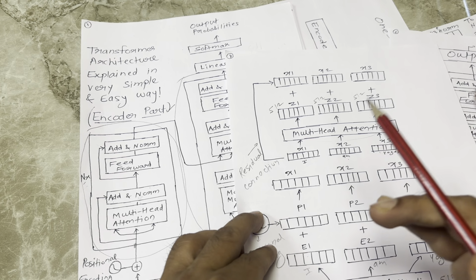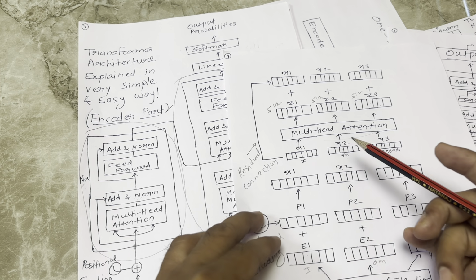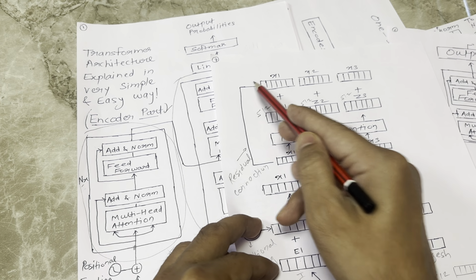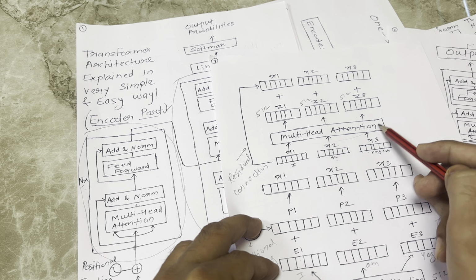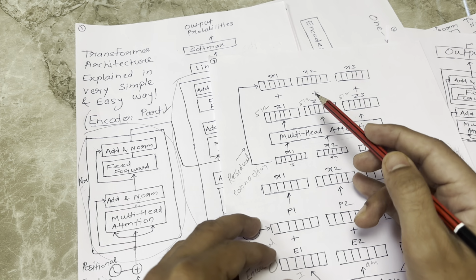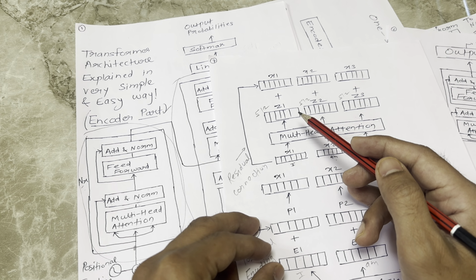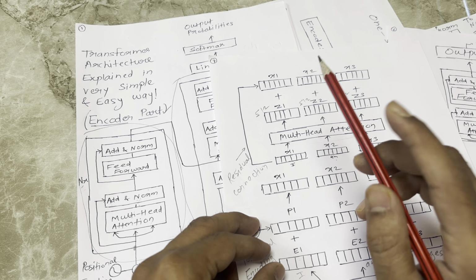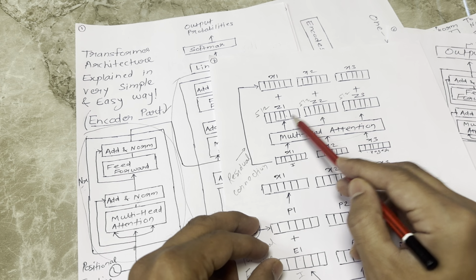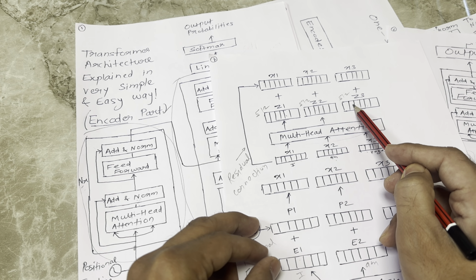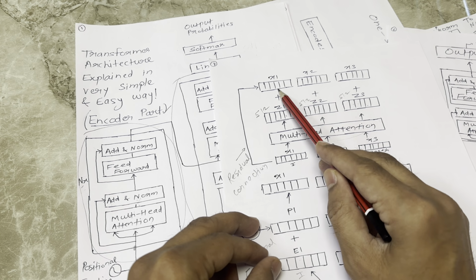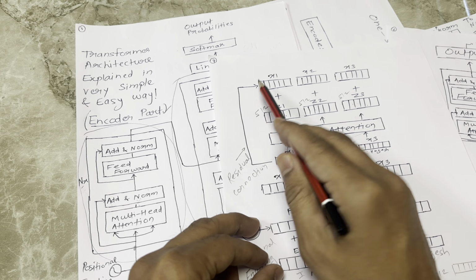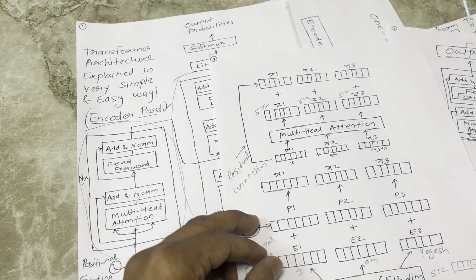So we have two sets of vectors at this point. Because of this residual connection, it has bypassed the multi-head attention, and now we have two sets of vectors. One from multi-head attention, that is Z1, Z2, Z3, which we already saw how we got. And one original input, that is X1, X2, X3, which we got through this residual or skip connection.